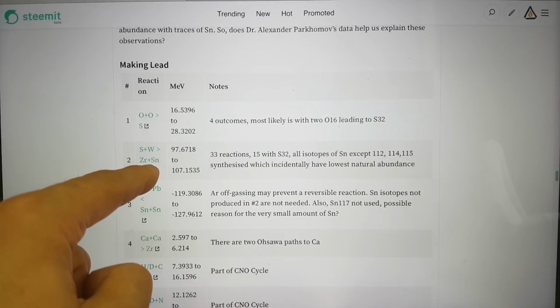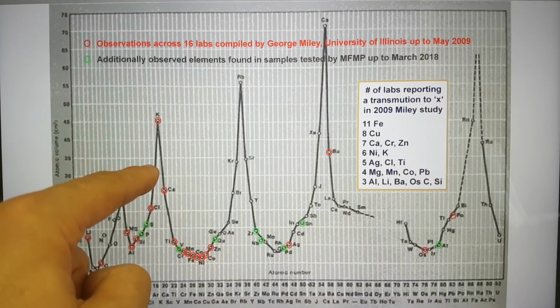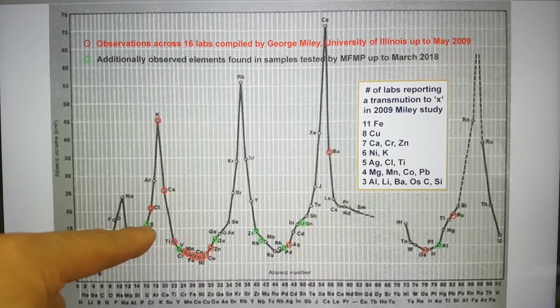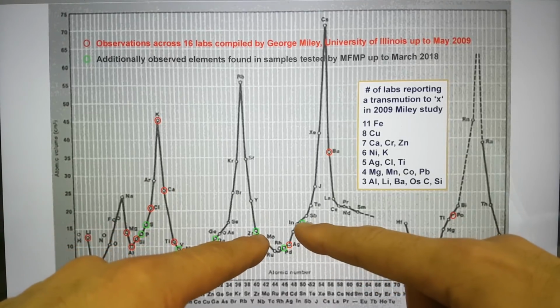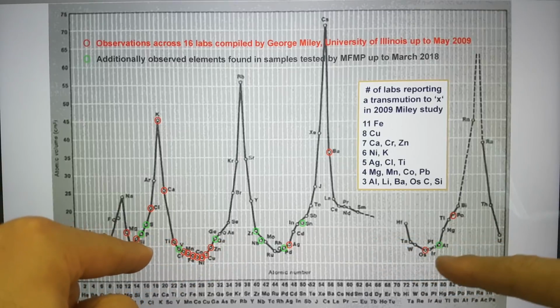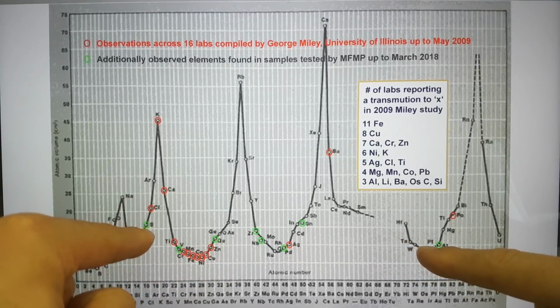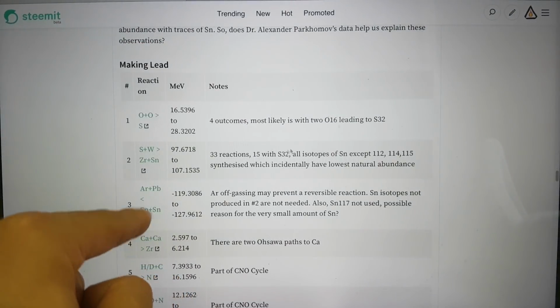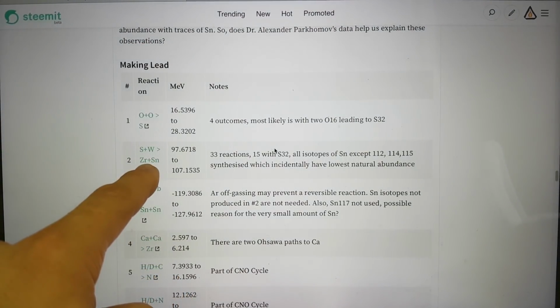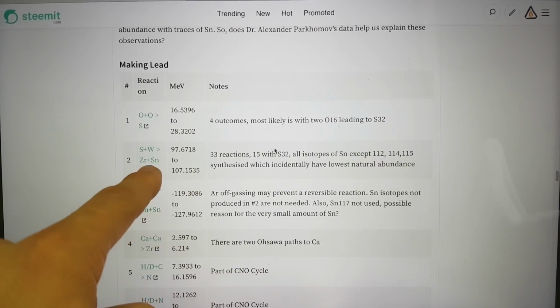And if you look at it, it's the same old story. You have sulfur, which is here, you have tungsten, and they are fusing to zirconium and tin. So there's a huge shift here, and that's a really large output from this process.